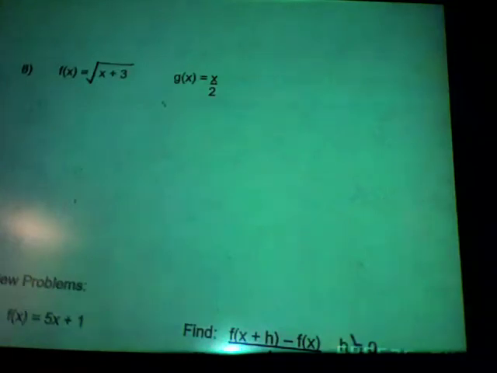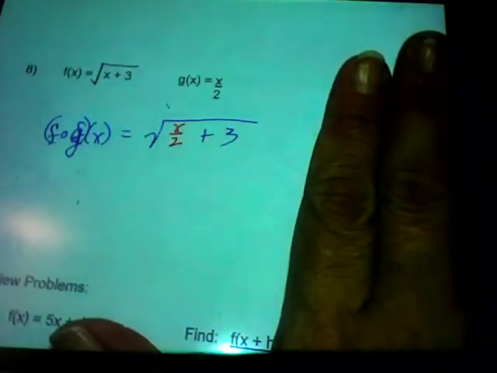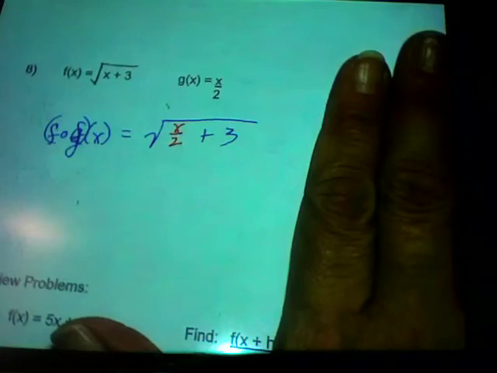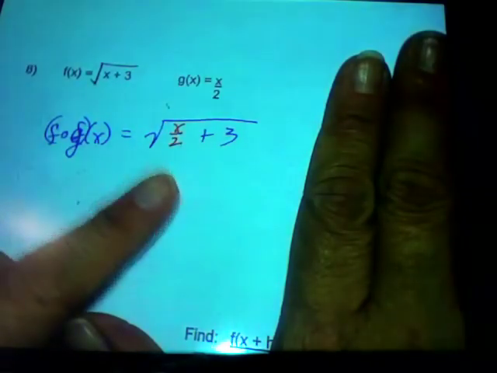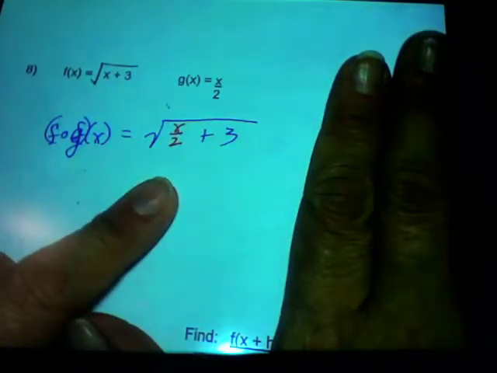All right, so what did you get for your fog? Did it look like that? Yeah, and I'm going to let you leave it that way. I'm not going to make you put it into one fraction. Aren't you happy? I'm happy with that. That's fine. What's your restrictions? What does this have to be restricted to? It cannot be negative. So what's the opposite of negative?